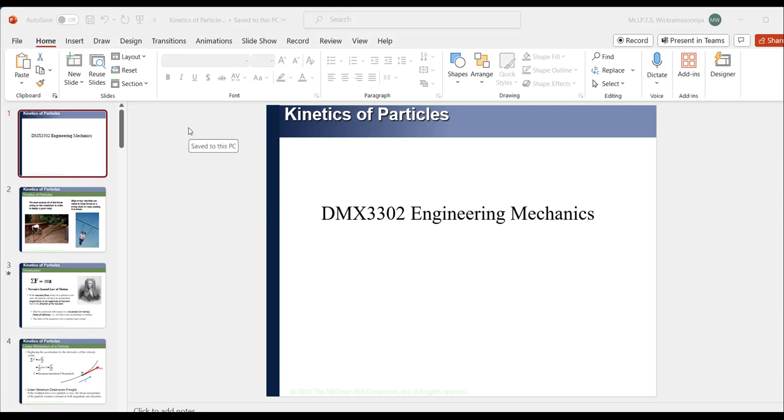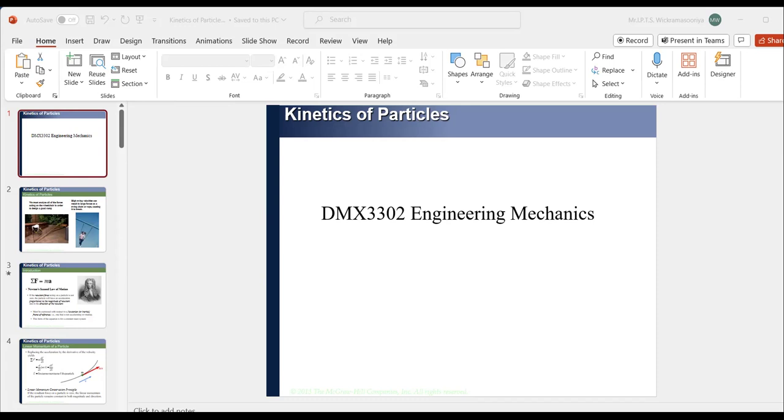One way that we can divide the motion is by assuming the object that we are considering is a particle. Now, what is a particle? It is something which does not have any dimensions of its own. So it doesn't have a length or a width or a depth. It's just a point in space. But it does have a weight or a mass.